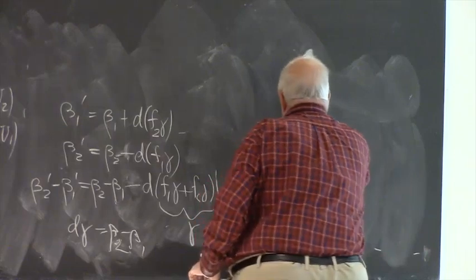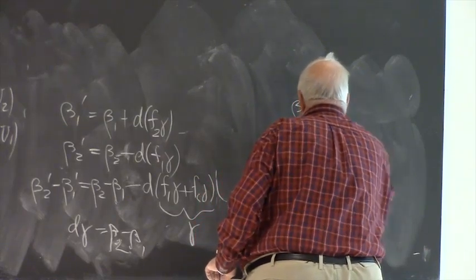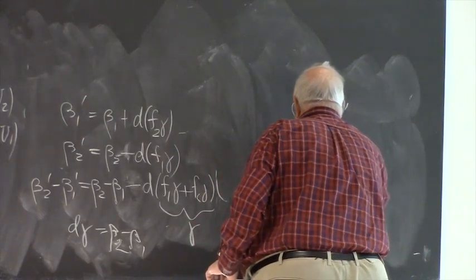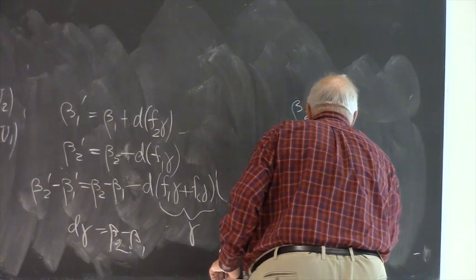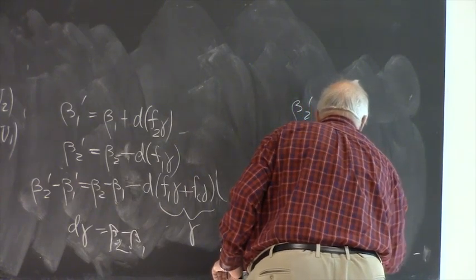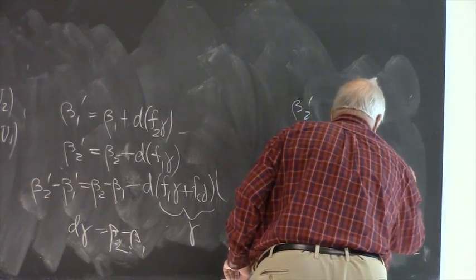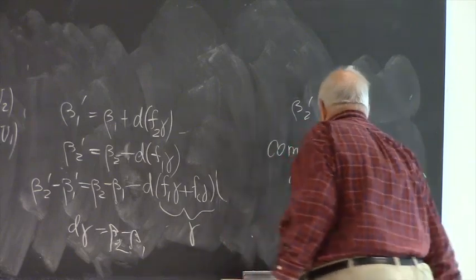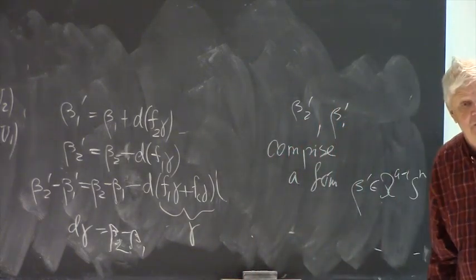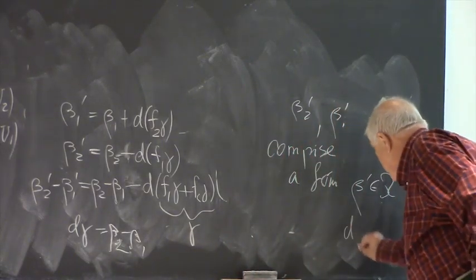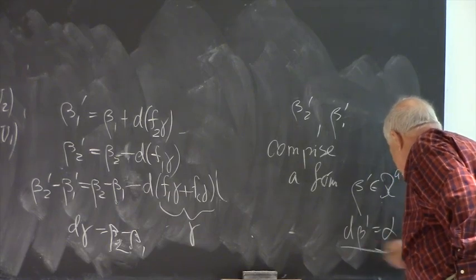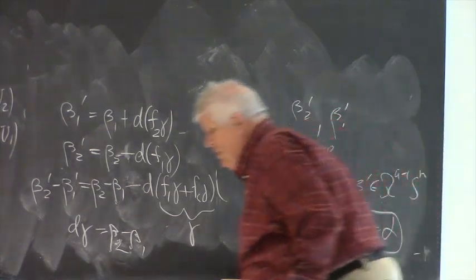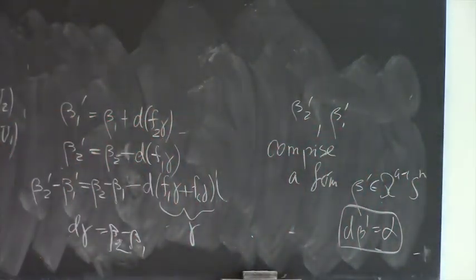So beta 2 prime and beta 1 prime comprise a form beta prime on the whole sphere, and d beta prime is alpha, which is the end of the proof. Questions?